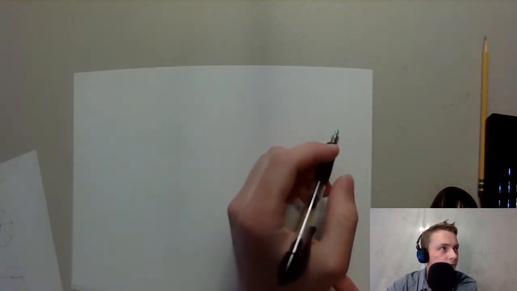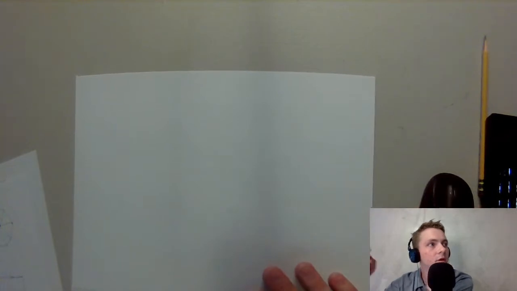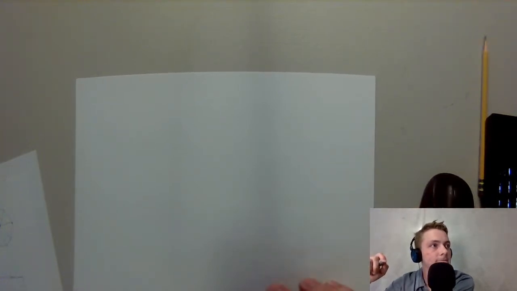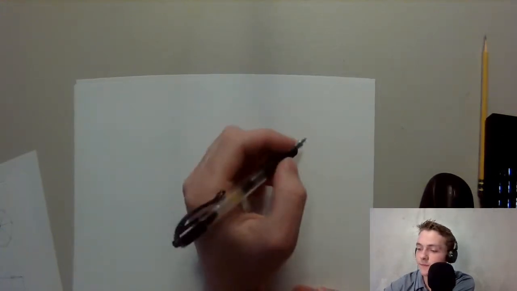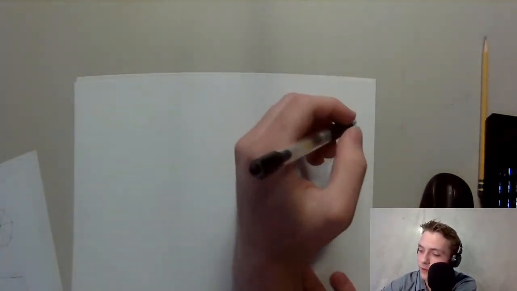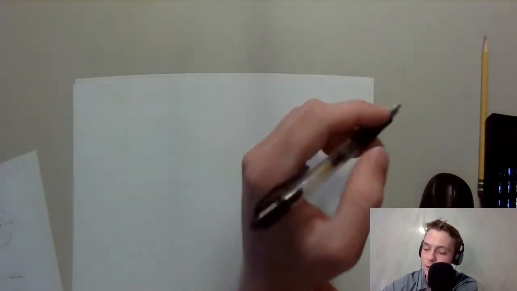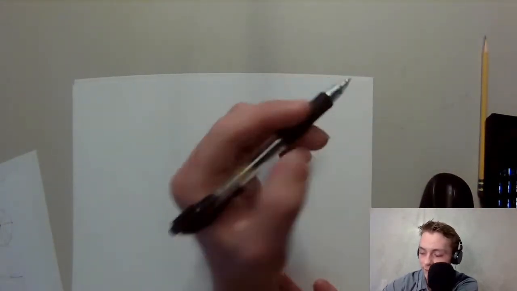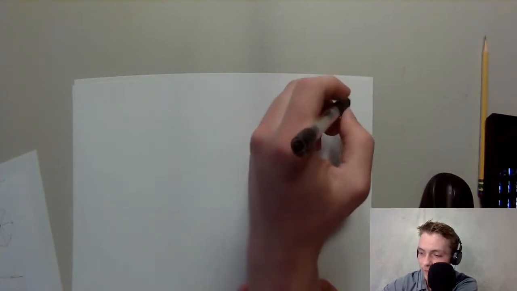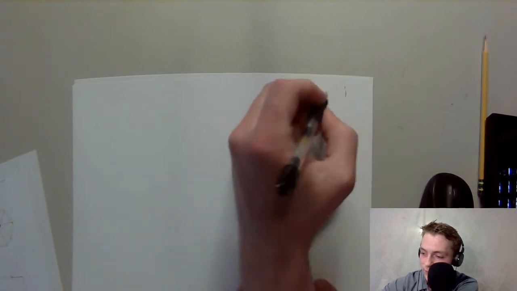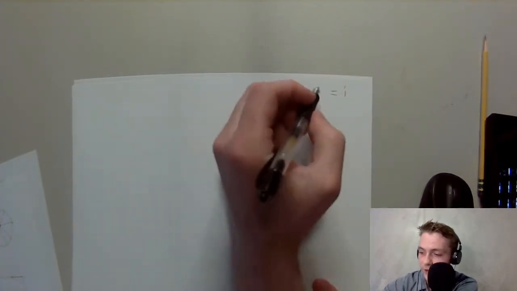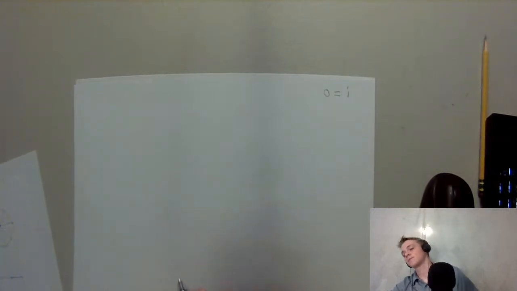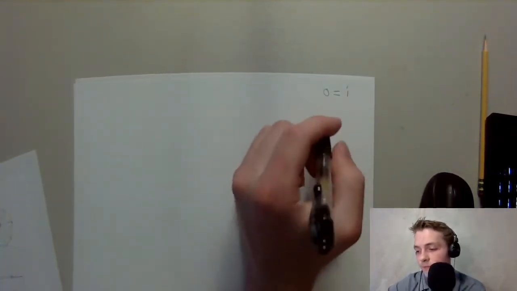So we're putting this in a loop, a for loop, and we have our variable I. At the beginning, I will equal 0.